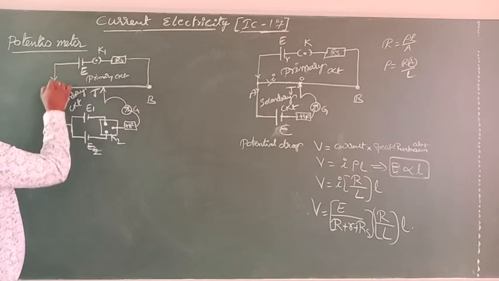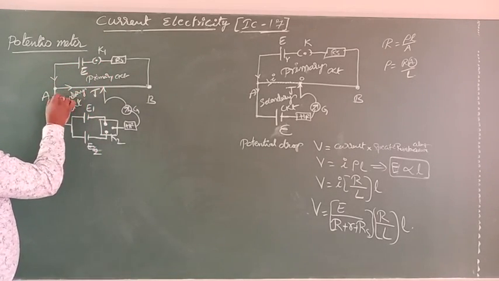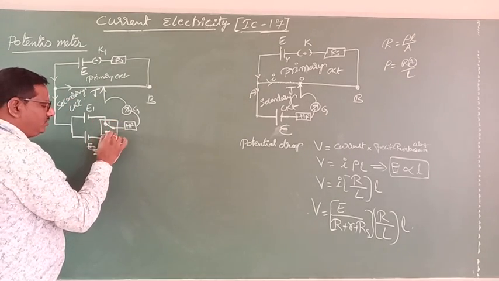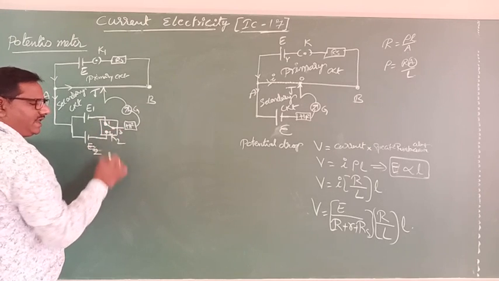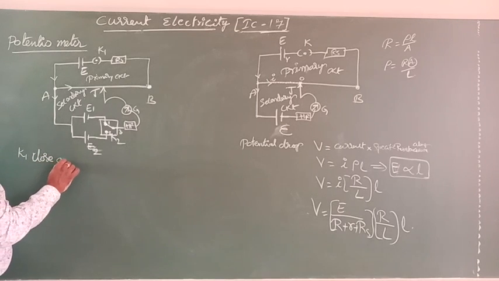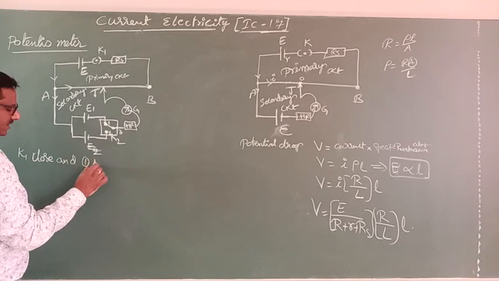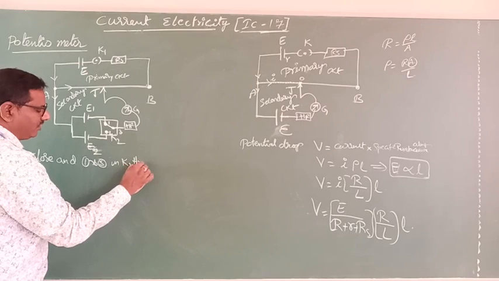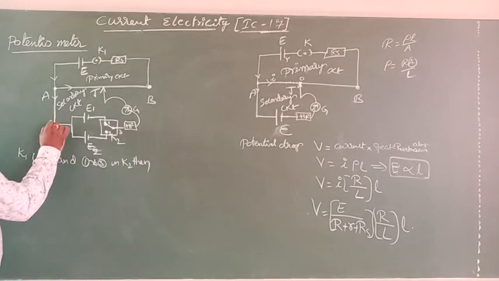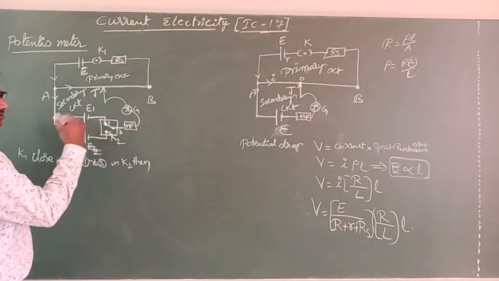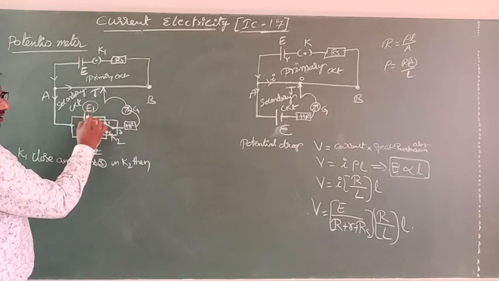Now key K1 is closed, so current will pass in the circuit. Now in key K2, terminals 1 and 3 are connected. Then current will pass across E1, since this is open and this is closed.